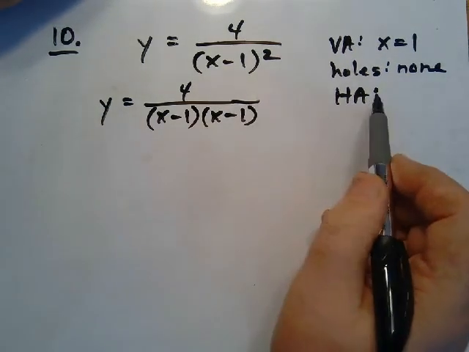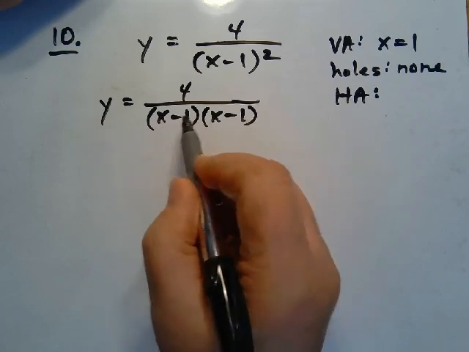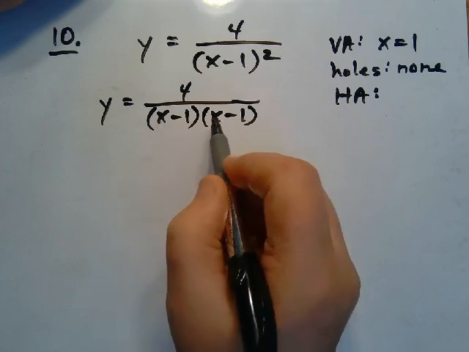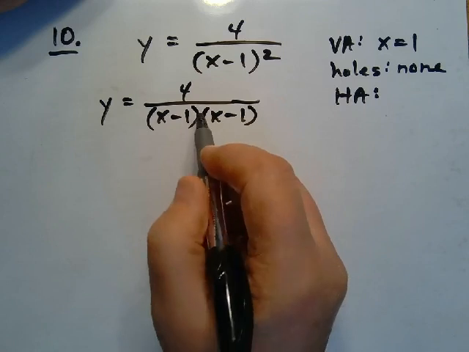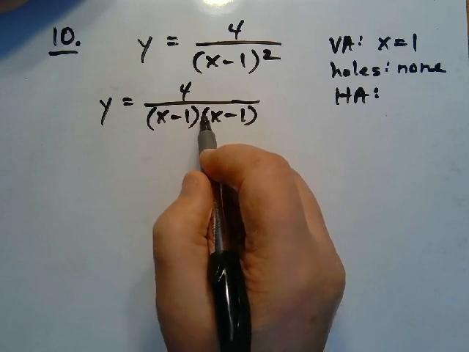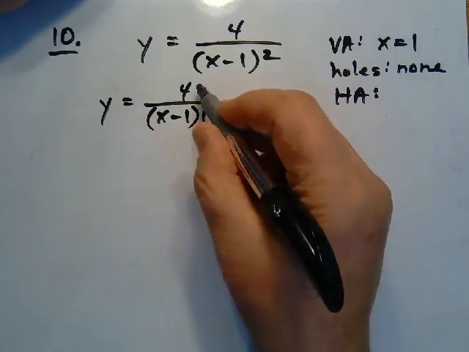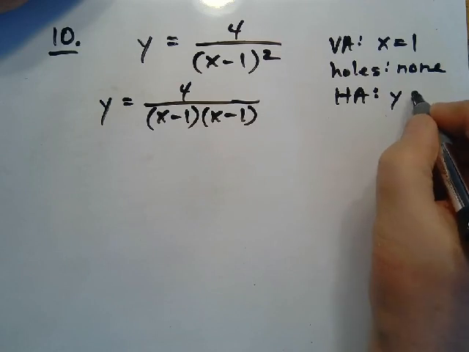Okay. Now, what about the horizontal asymptote? Well, as the number in the bottom gets big, the ones don't mean much. So 1 billion times 1 billion is an enormous number, and 4 over that is basically nothing. Paying somebody $4 out of billions and billions you owe them is basically nothing.